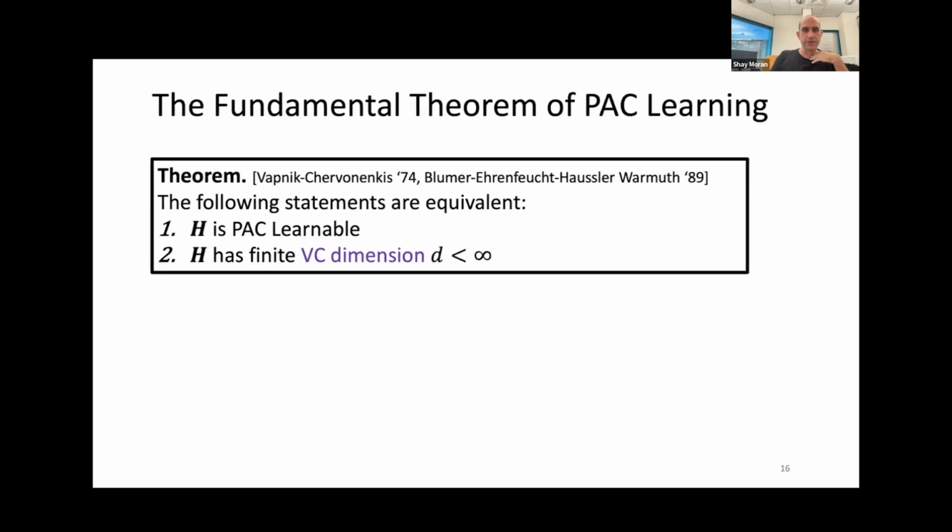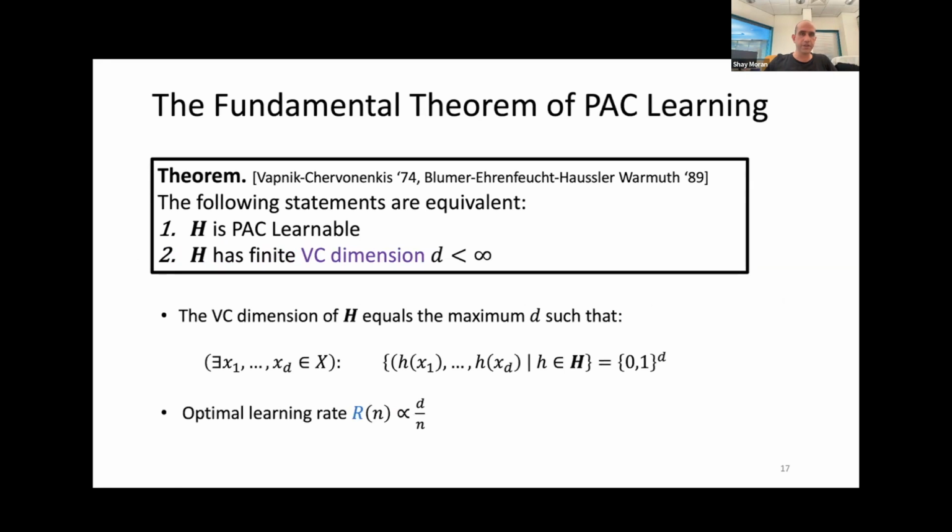So here is what is called the fundamental theorem of PAC learning, and what it says is that PAC learnable classes are exactly those classes that have finite VC dimension. So what is the VC dimension? The VC dimension is a number that we associate to every class of functions. It's a natural number, it can be infinity.